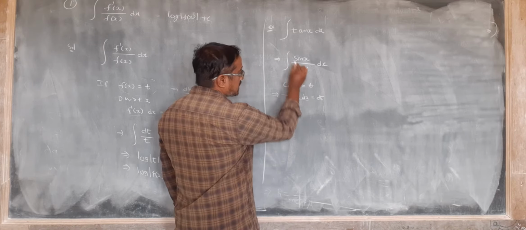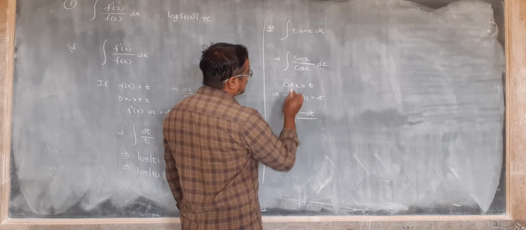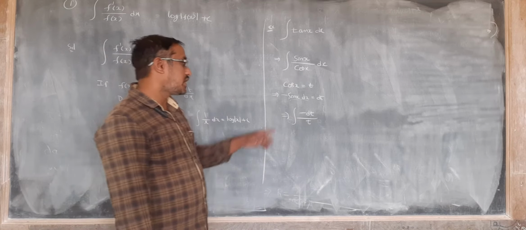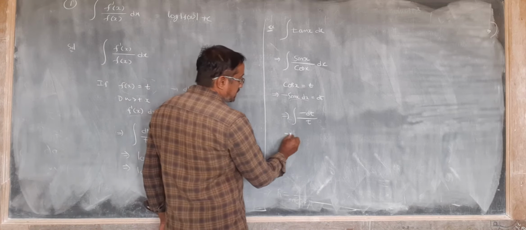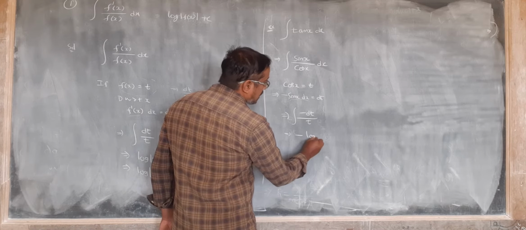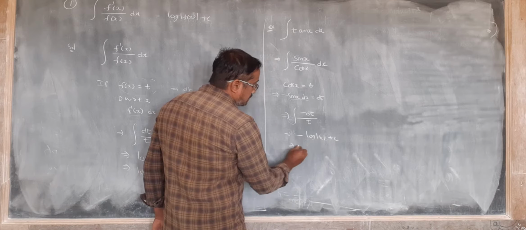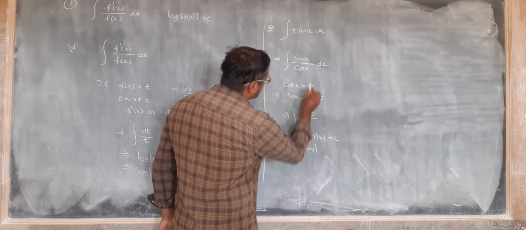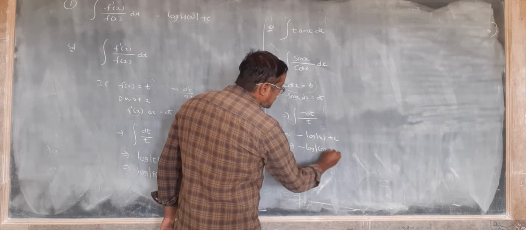So the numerator is minus dt, and cos x is t. Now you are having integral 1 by t dt. So it will be minus log mod t plus c. What is t here? Cos x. So minus log mod cos x plus c.